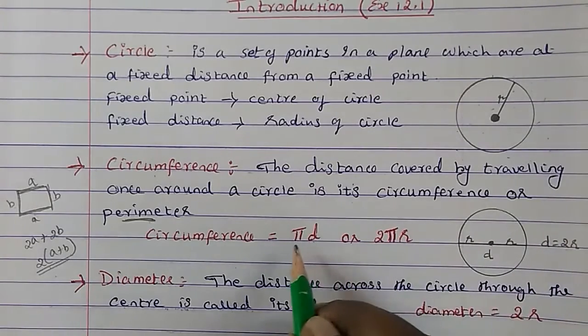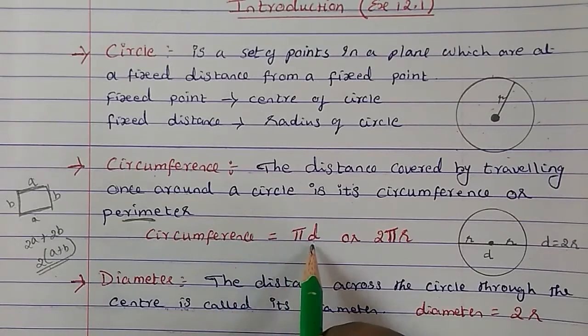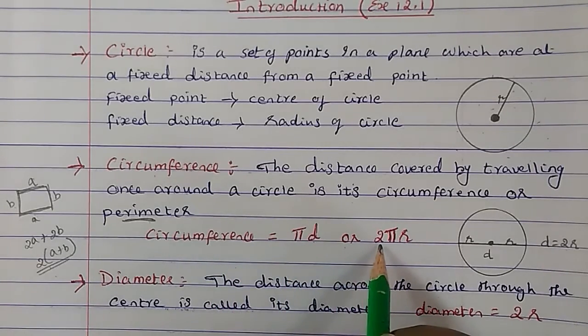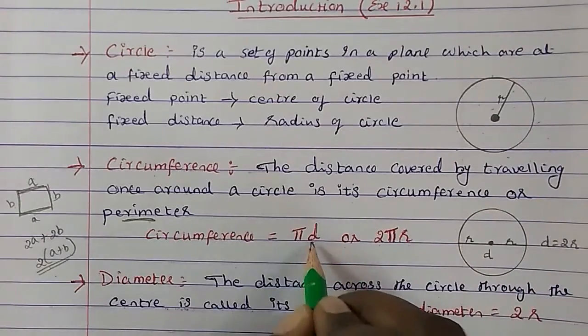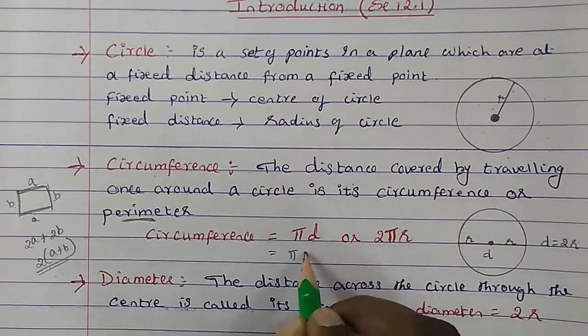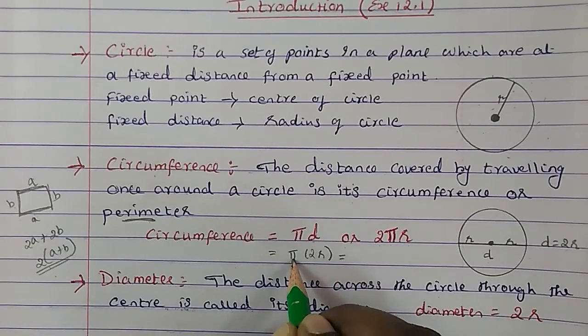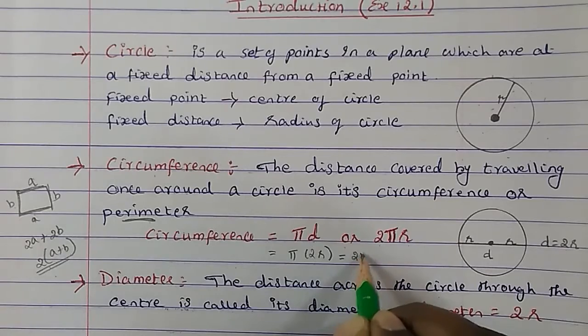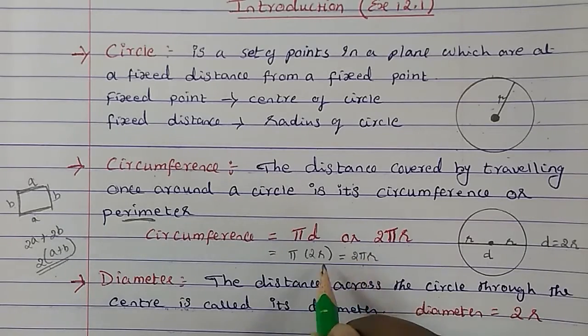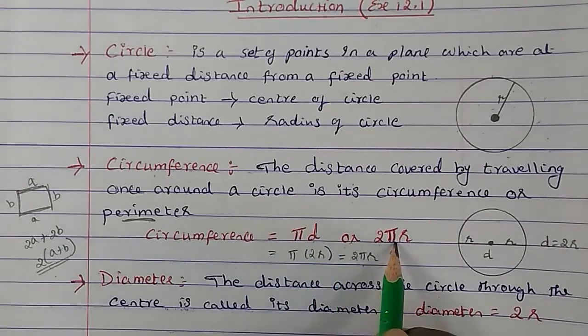That's why we can write the circumference of the circle as pi d or 2 pi r, because instead of d we can write 2r. When you multiply, we get 2 pi r. So you should know the circumference formula by heart, pi d or 2 pi r.